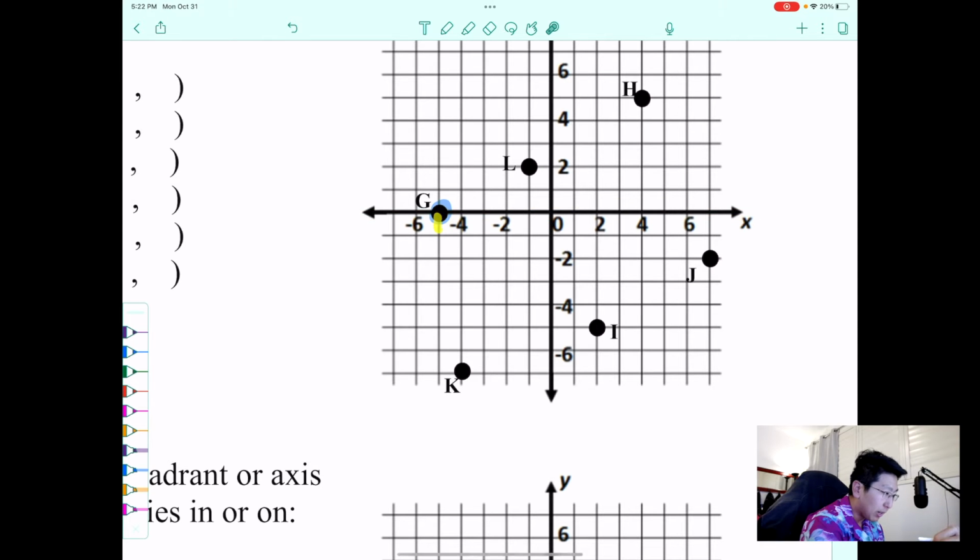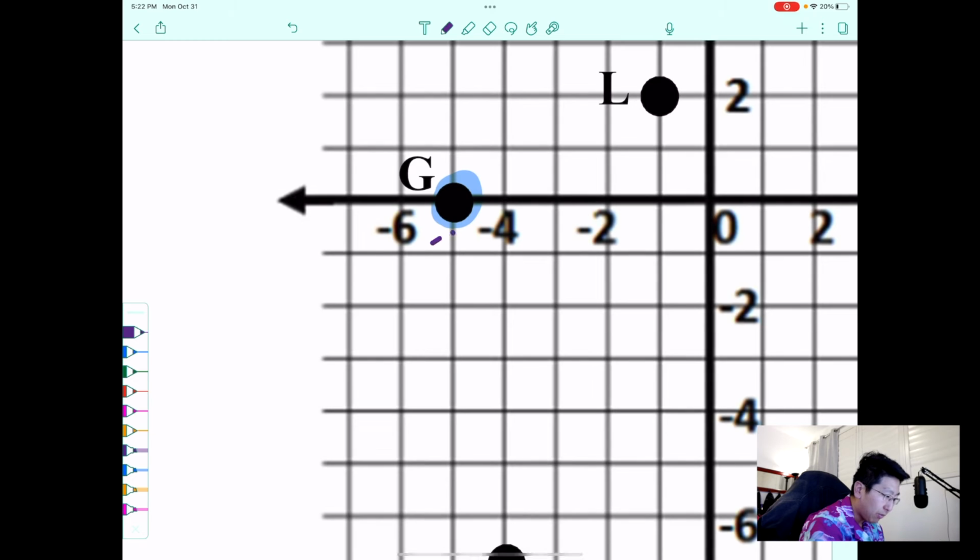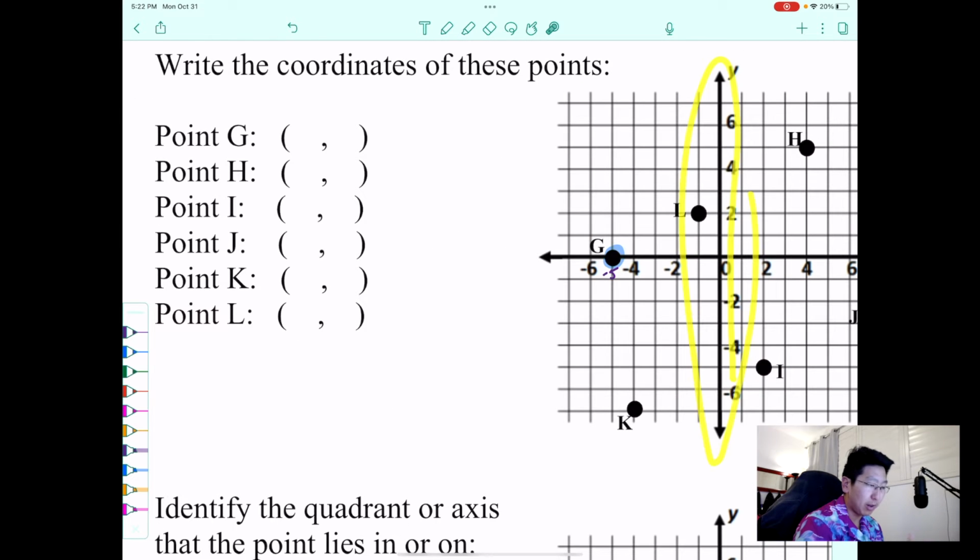This value right here is -5. So the x value is -5, right, on the x-axis. And on the y-axis, what value is this one, right? Because it doesn't go up or down. And so my x value is -5. My y value doesn't go up or down. So this is actually at 0. (-5, 0).